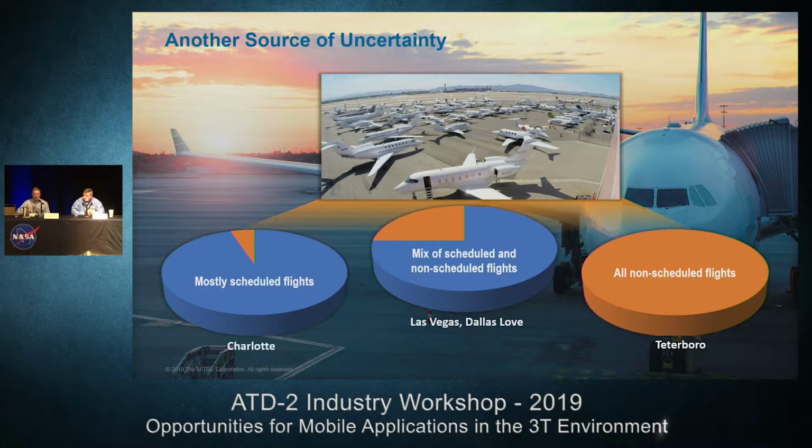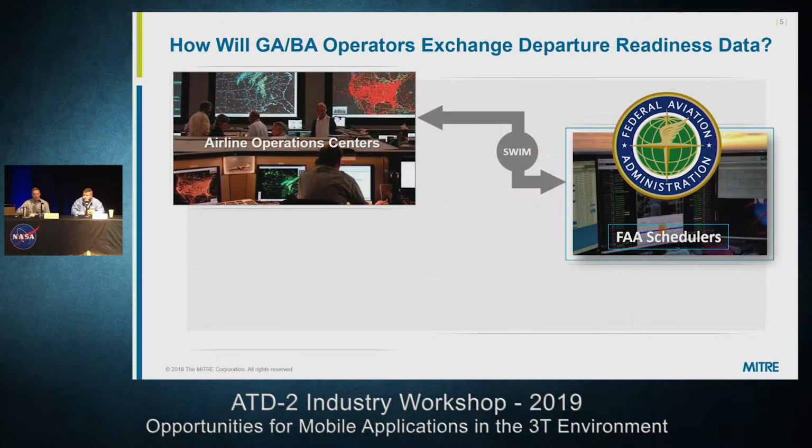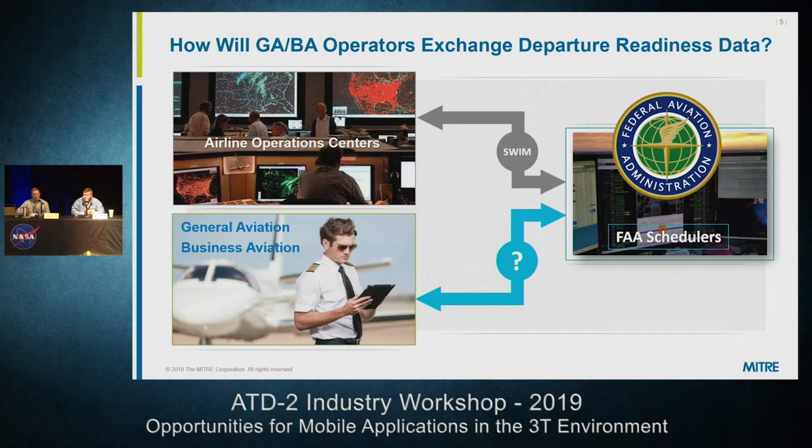If you imagine these flights that make up these orange wedges not participating in providing better awareness of when they plan to depart, you're leaving a large portion of uncertainty that could really impact the operation of the airport for everyone. So what's driving this is how we can include the general aviation and business aviation flights in this operation, where they can provide similar departure readiness information that the airlines are providing.